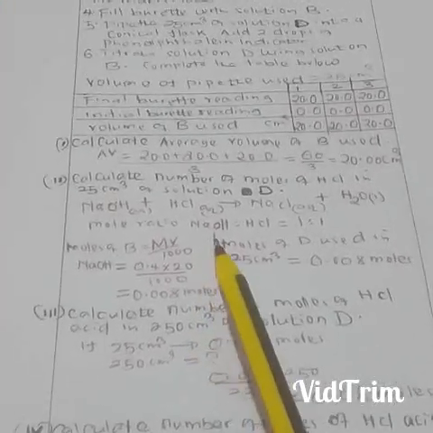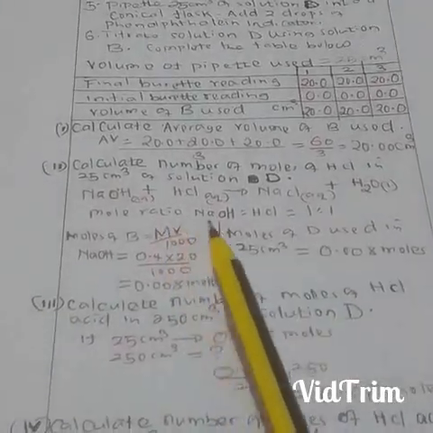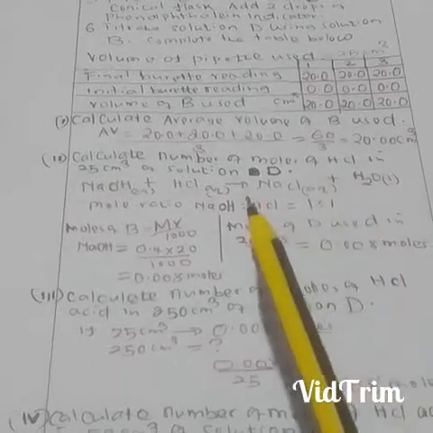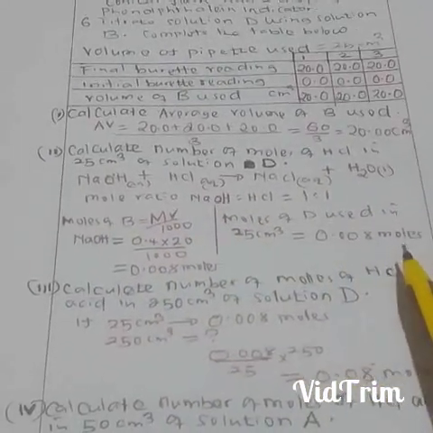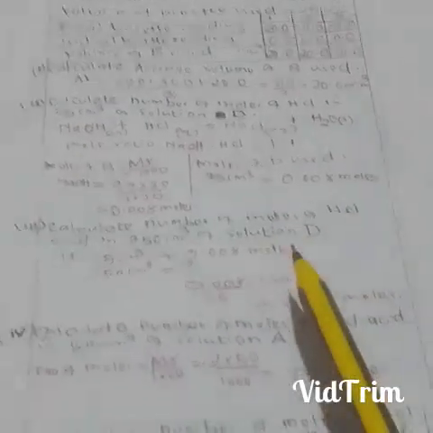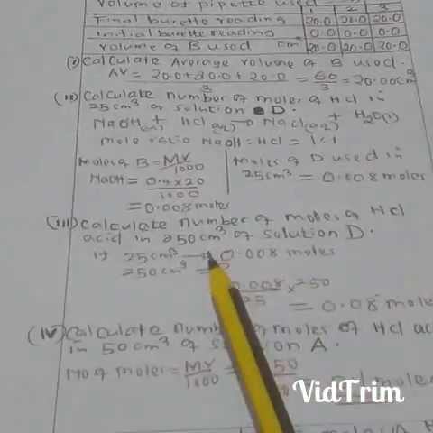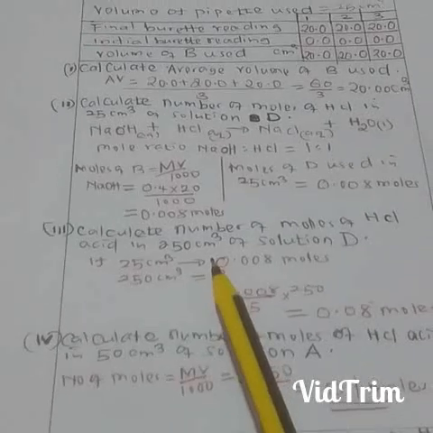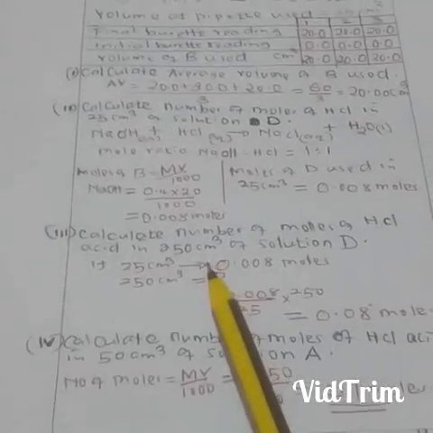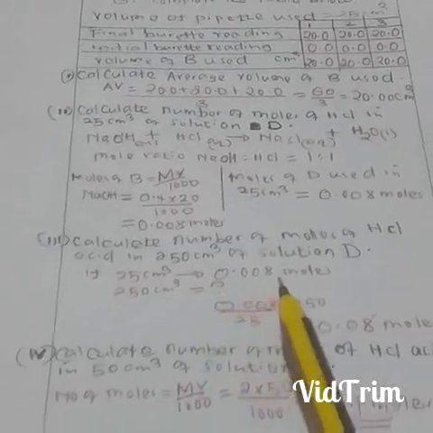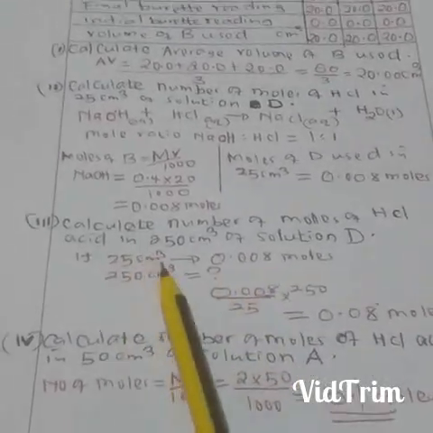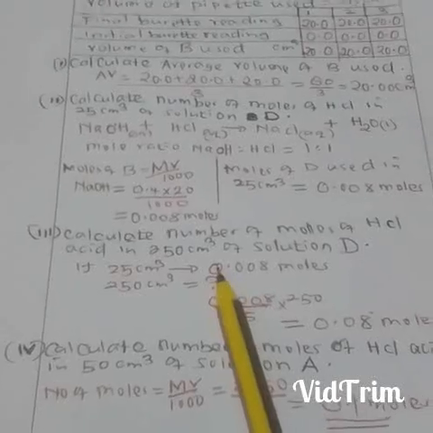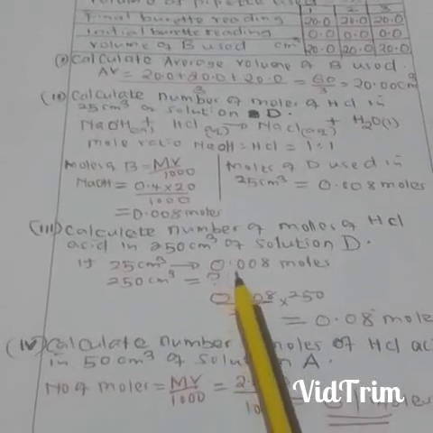But in Roman 2, we have calculated the number of moles of HCl in 25, which is 0.008 moles. Is it okay? Therefore, to get the number of moles of HCl in solution D in a volume of 250, it is very simple. So we reason this way, my student.